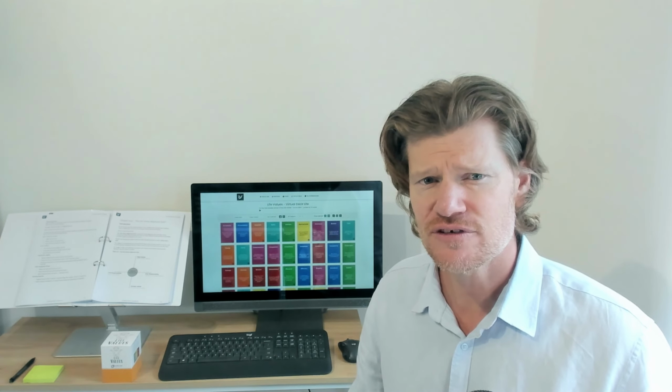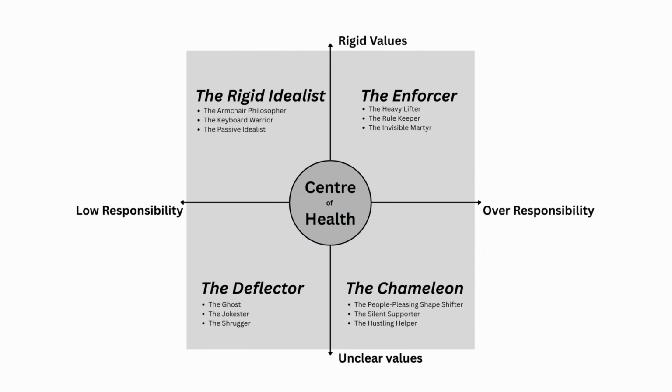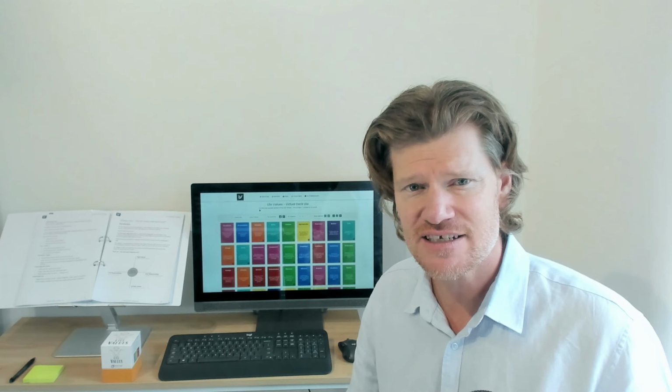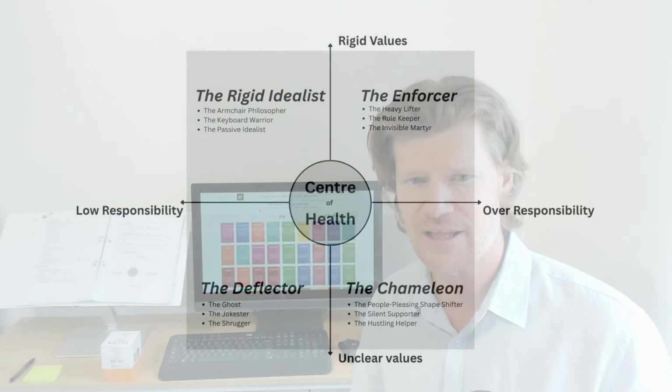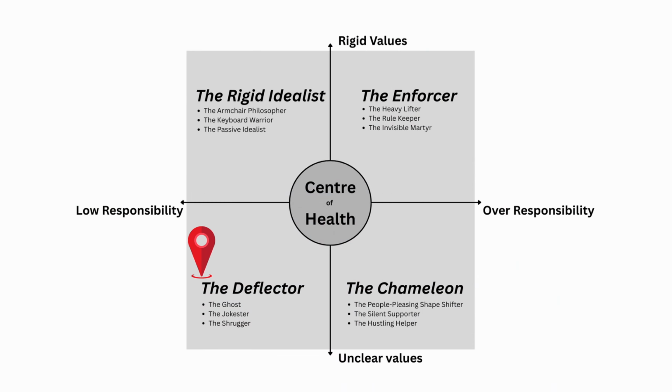The next drift was to the deflector quadrant, and that's when he shut down and goes quiet. It gets too much. So after enough tension, after enough conflict, after enough stress, he'd drop. He'd withdraw and go flat and feel like giving up.